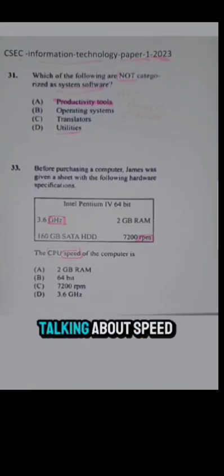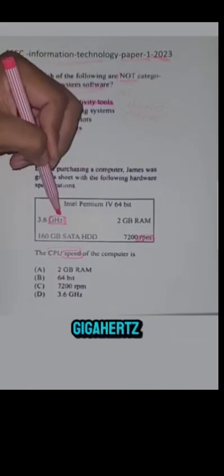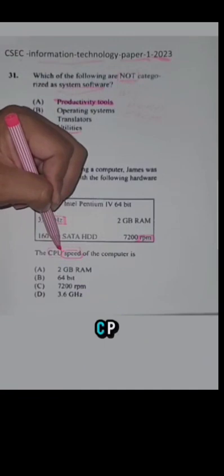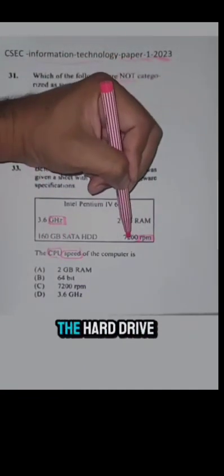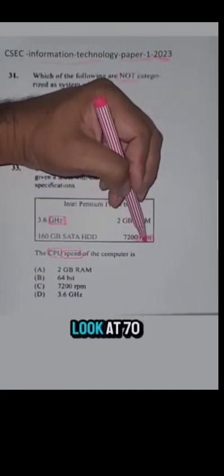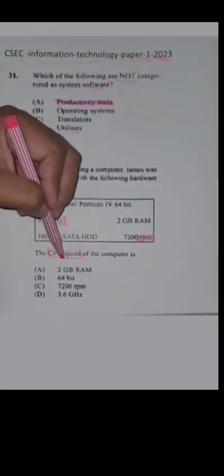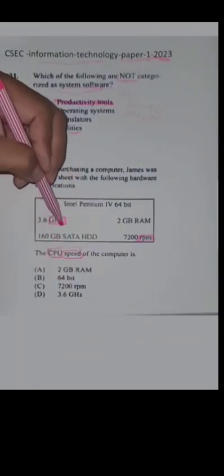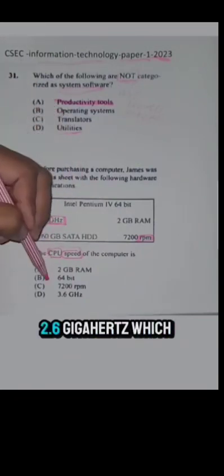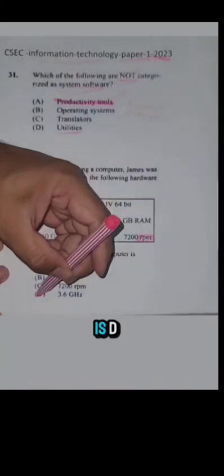So if we're talking about speed, we're looking at gigahertz, but they ask us what the CPU speed is. If they were to ask us what was the speed of the hard drive, we could look at 7200 RPM, which is the speed of the hard drive, but they're asking us the speed of the CPU, and that would be your 3.6 gigahertz, which is D. D is the correct answer for this one.